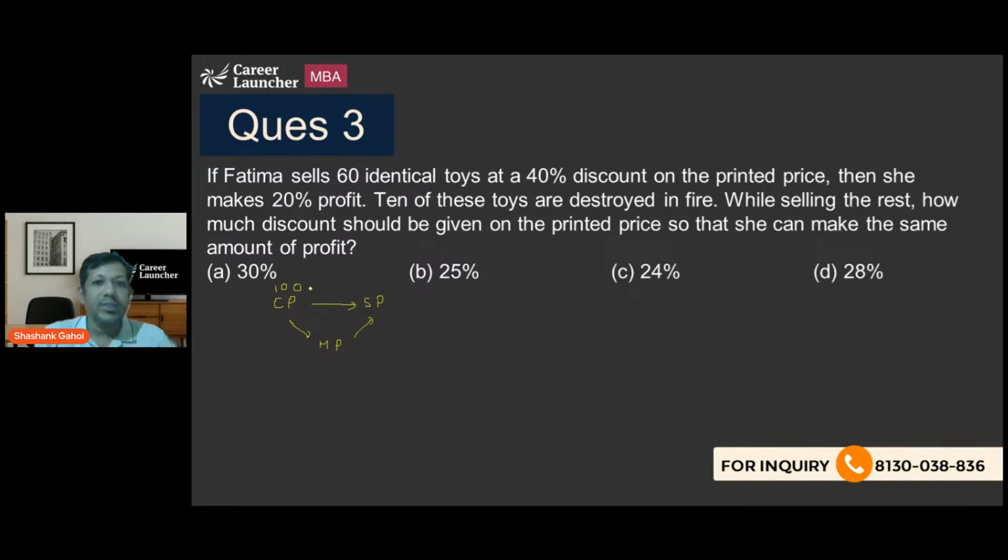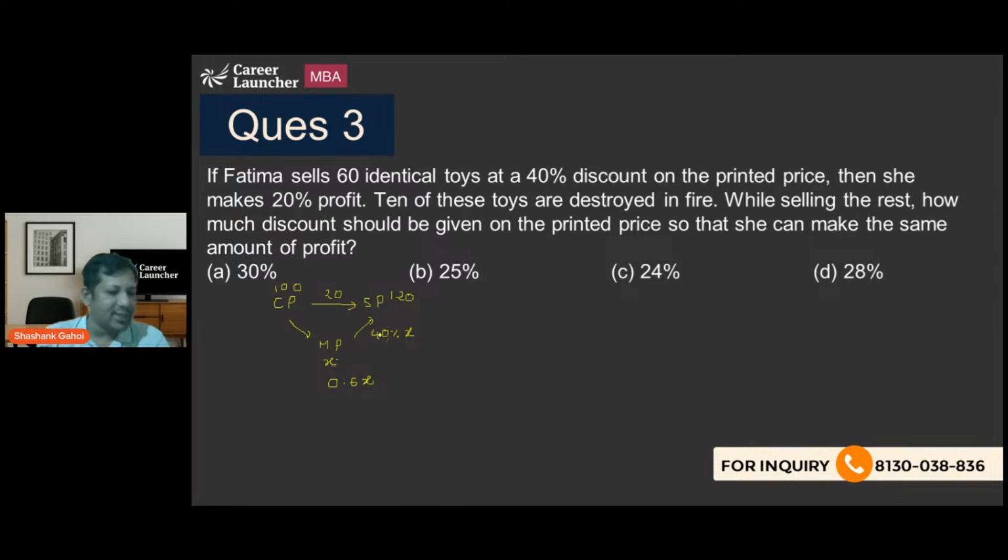She makes a profit of 20%. So profit is 20. Selling price becomes 120. Mark price is what? X. Discount is what? 40%. 40% of what? 40% of mark price. So mark price minus discount: x minus 0.4x becomes 0.6x. That is my selling price.